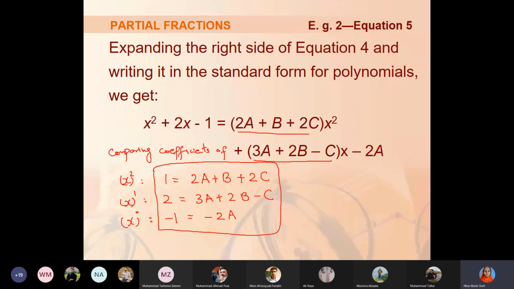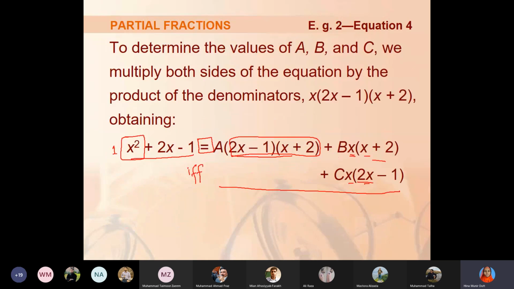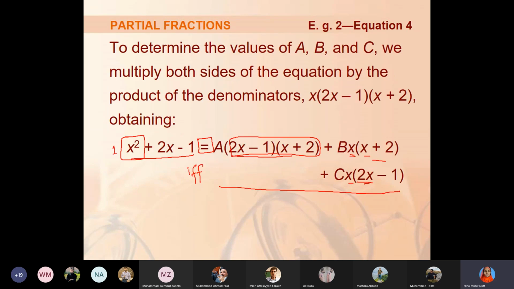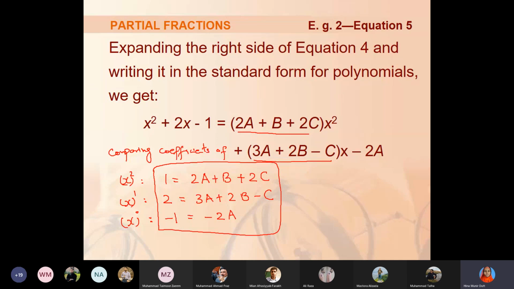So there is a shortcut method as well. All of you know about that method. And this shortcut method is used only for the linear factors, not for the repeated ones, only distinct linear factors. You can use the combination of the shortcut method and the general method. The general method is the one that I have explained, the comparison method, comparing the coefficients.